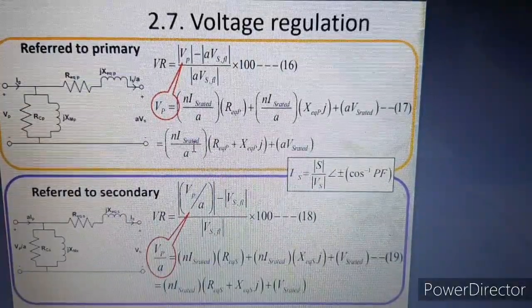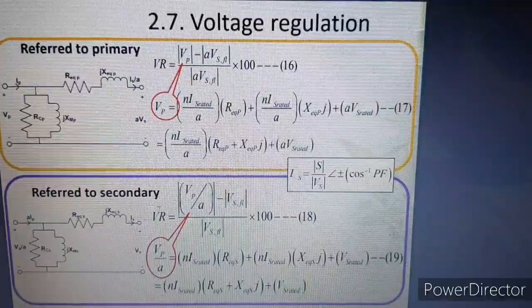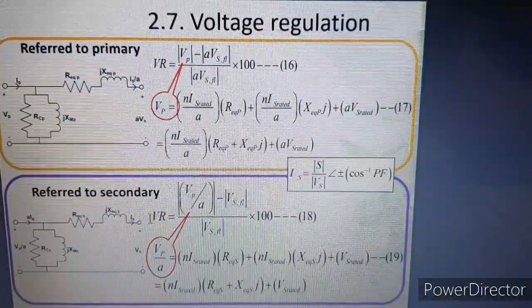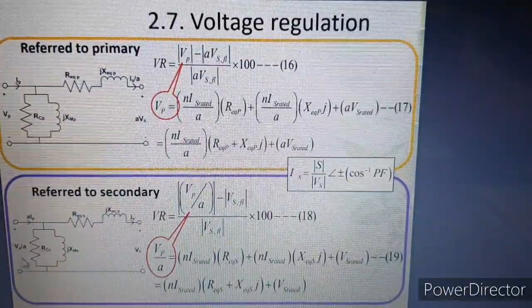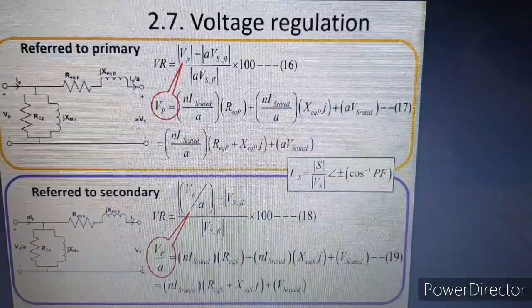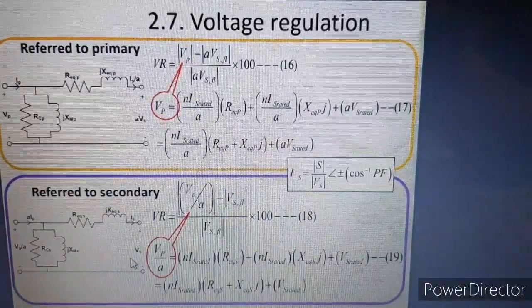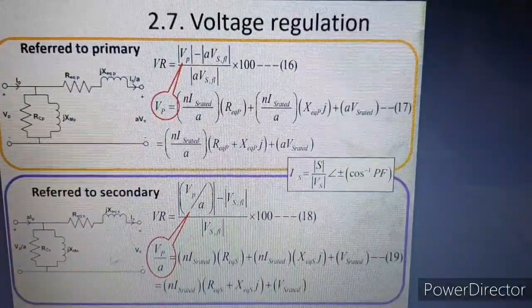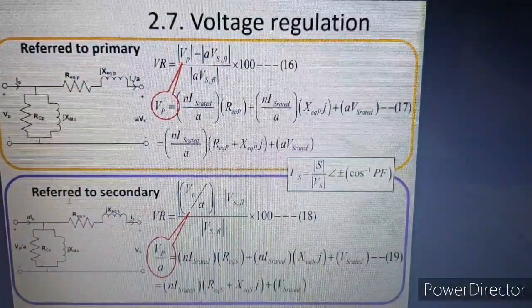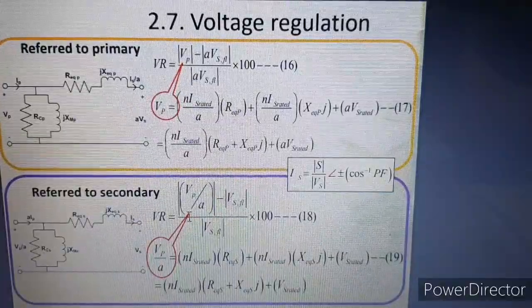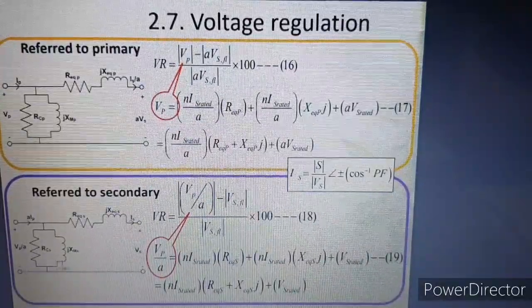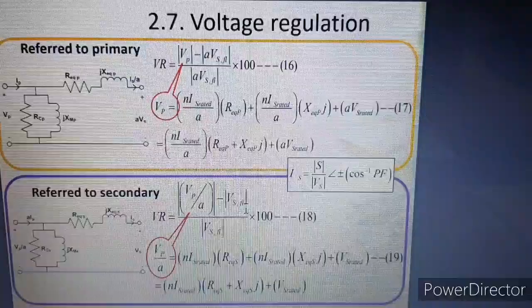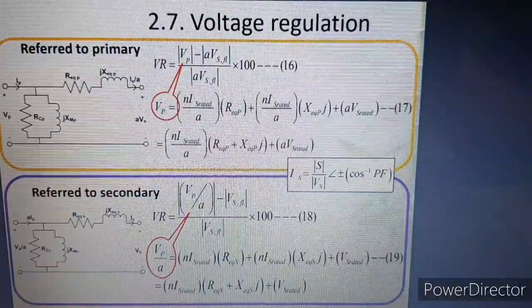Same goes for referred to secondary. Same explanation as just now. It's easier if we memorize it as front minus back divided by back. For referred to secondary, if you are using all the values from the referred to secondary approximate equivalent circuit, the formula for VR is VP over A minus VS full load, divided by VS full load.